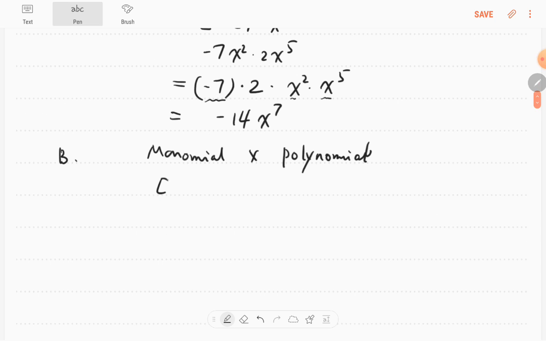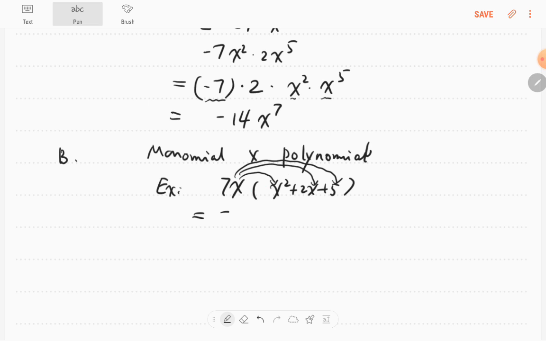So let's check the example. For this kind of question, we only need to use the distributive rule, okay? So this term should apply to the first one, the second term, and the last term.